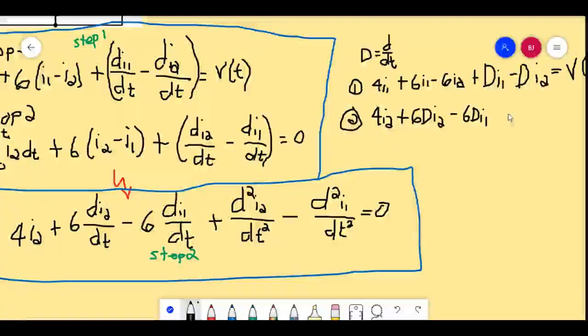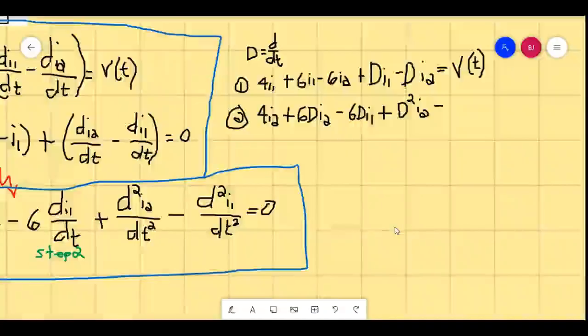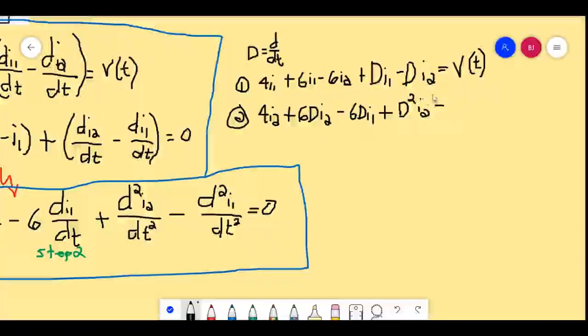Remember, I'm just replacing the d over dt with the capital letter D from this step. So this would be d squared I2. And finally, we have d squared I1. So that will be d squared I1 equal to 0.